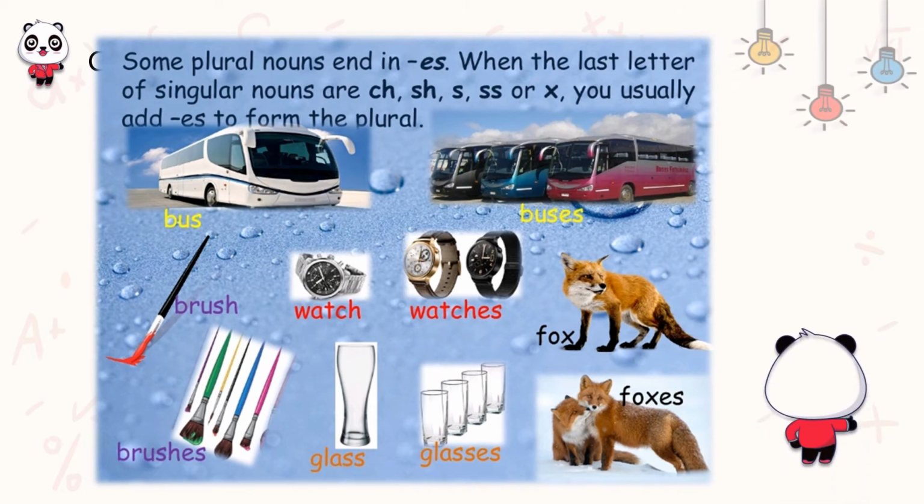Here are some examples for that rule. Some plural nouns end in es. When the last letter of the singular noun is ch, sh, s, ss or x, you usually add es to the singular noun.